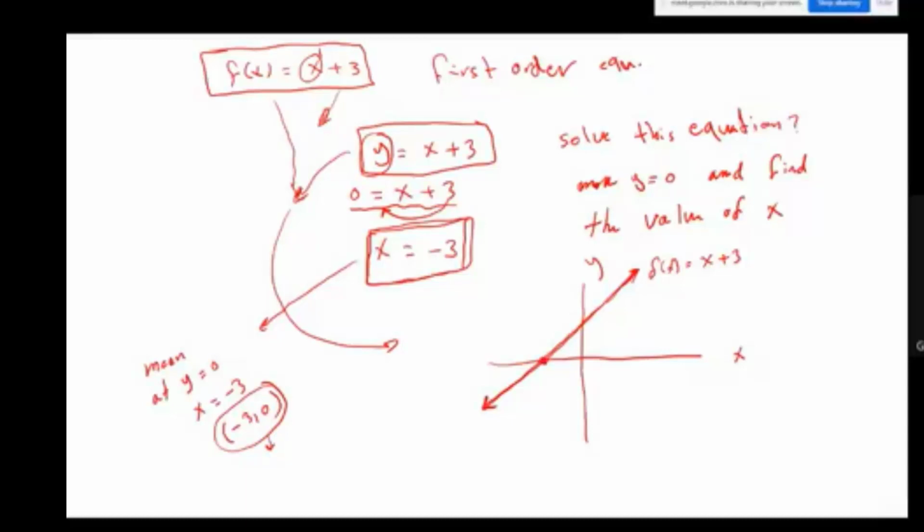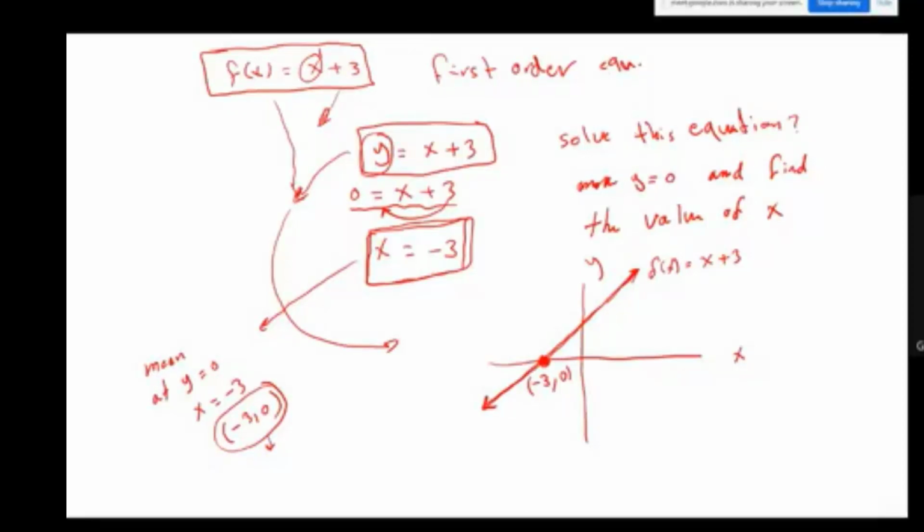This is x equals minus 3, and y equals 0. Okay? Students, can you hear me? Yes, Doctor. Is that clear? Yes, Doctor. Good.